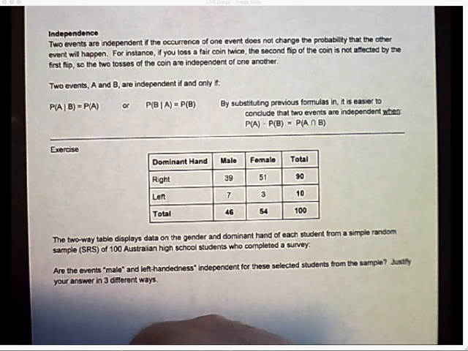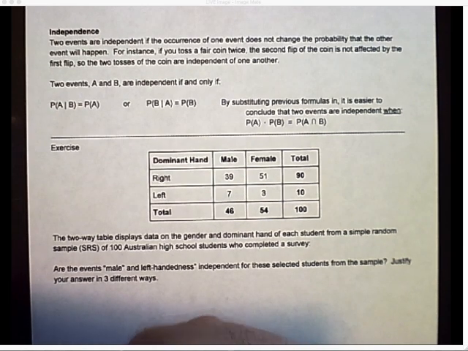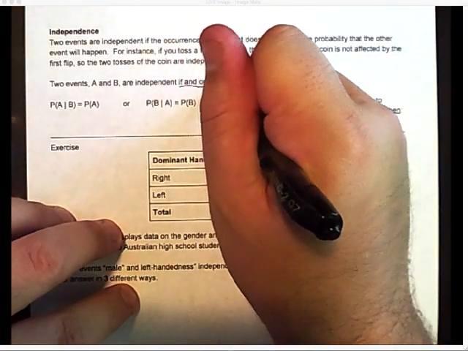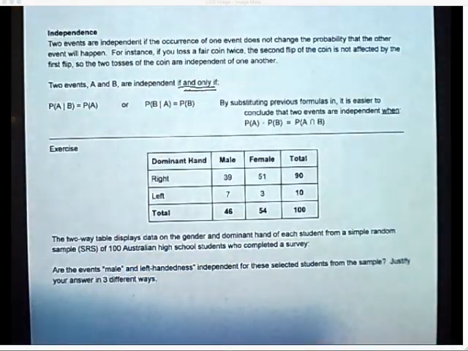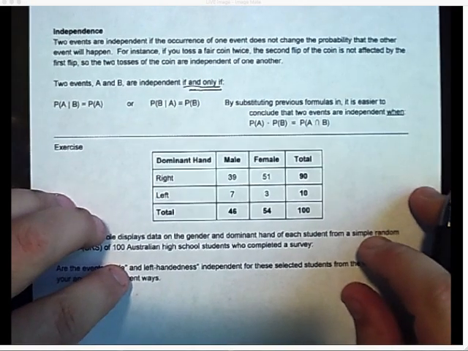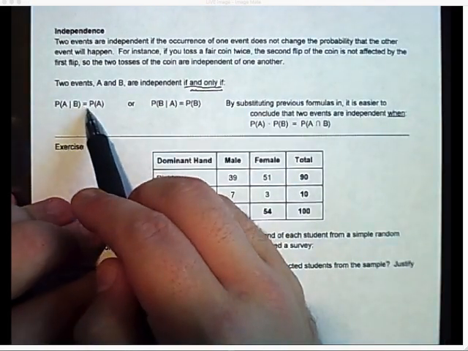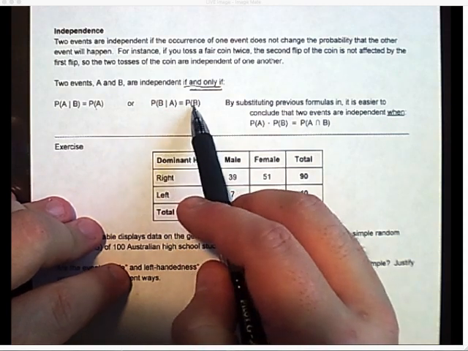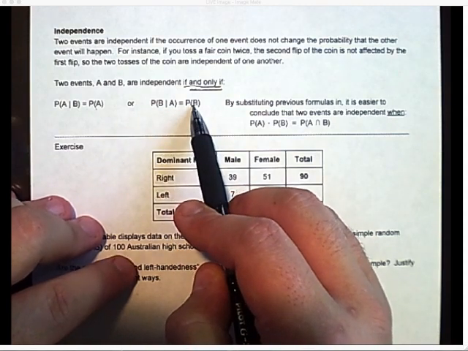Okay. Now, it says this: two events, A and B, are independent if and only if, which means this is a two-way biconditional. All right. The probability of A given B equals probability of A, or if the probability of B given A equals the probability of B. All right.